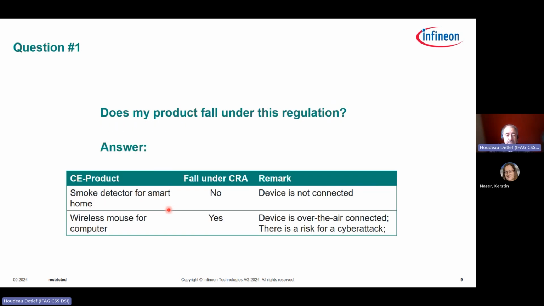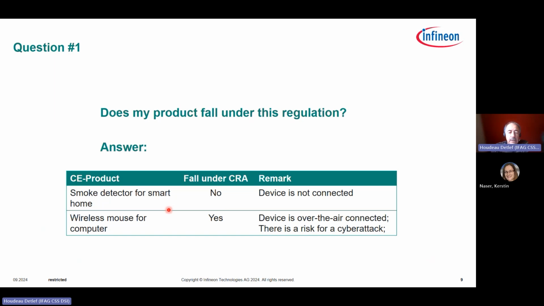It means not for industrial building, it's more for the private home sector. Wireless mouse for computer falls under the Cyber Resilience regulation. This device is over the air connected, and there's a risk for a cyber attack to attack the cursor on another computer as man-in-the-middle attack, for example.